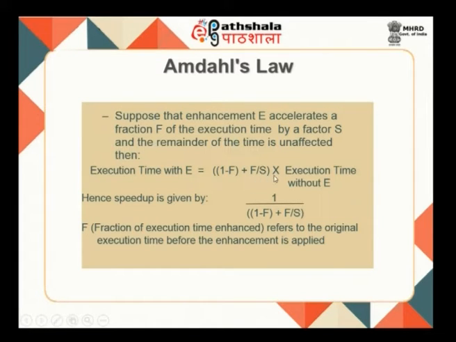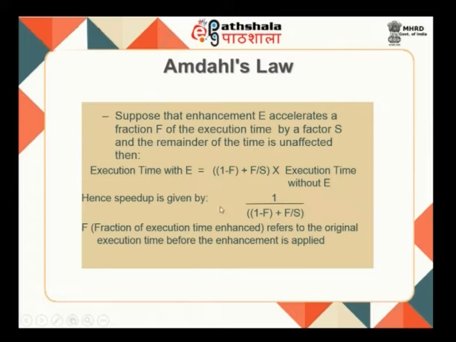For the 1 minus f period, the enhancement is not active, so it is going to have the same execution time, that is without enhancement, and for the fraction of the time for which the enhancement is active, the execution time is obtained by f by s, where s is the speed up.